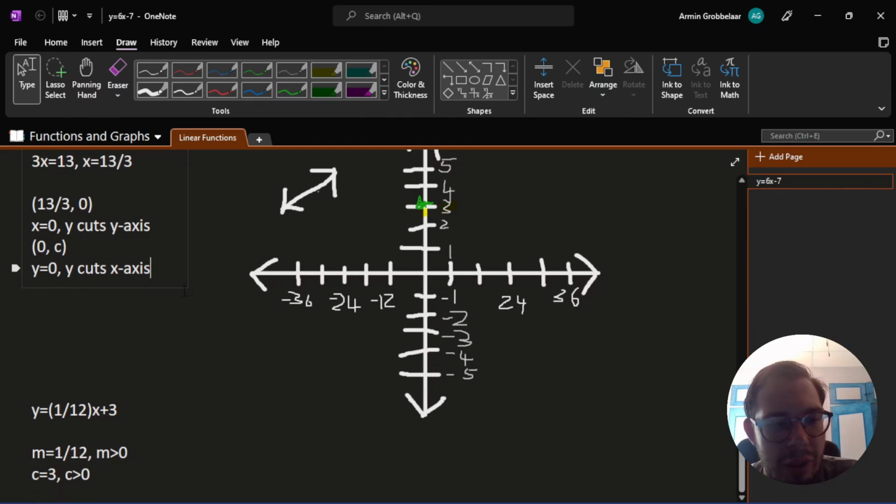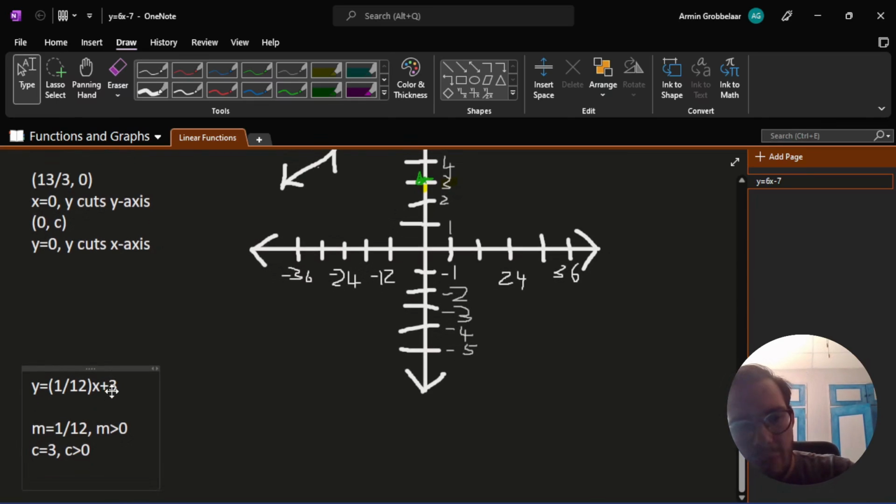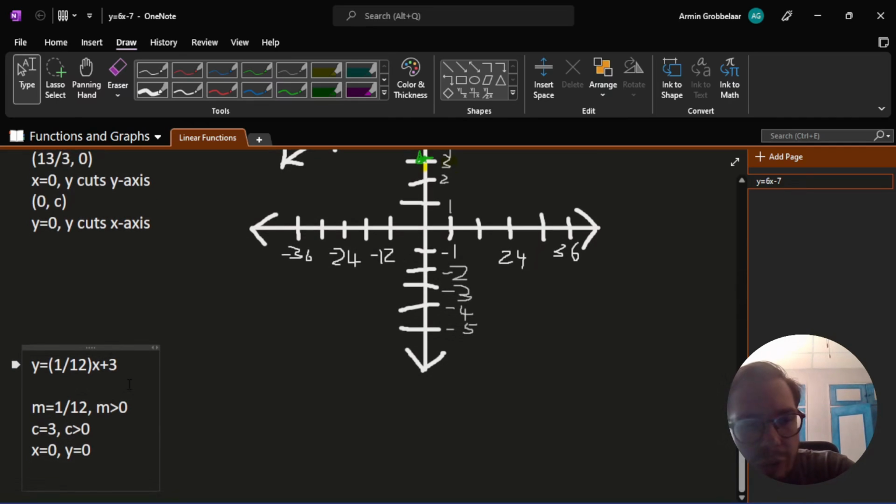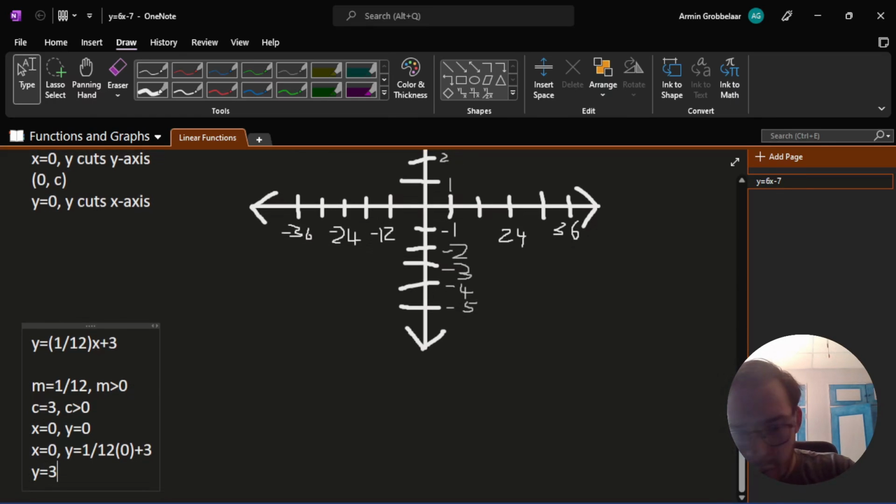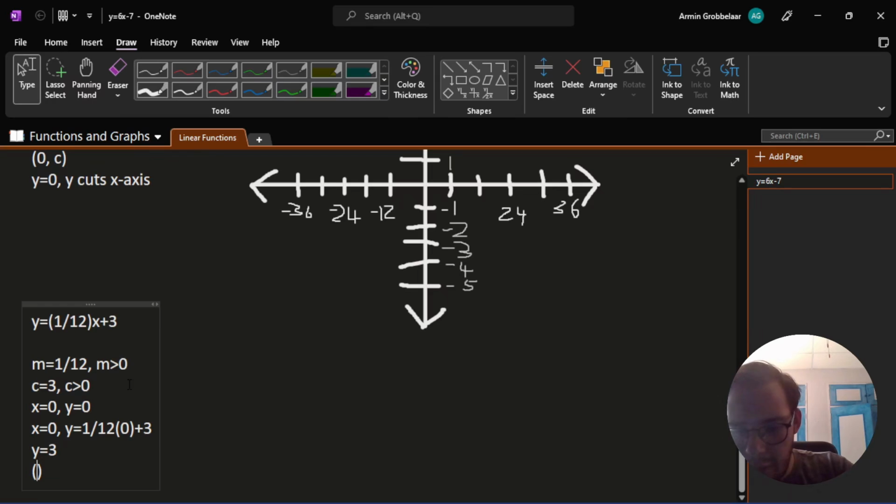So let's draw the third function. We need a point where x is equal to 0, and then a point where y is equal to 0. The first one is quite easy, x equal to 0, so y is equal to 1 divided by 12 times 0 plus 3. So y is equal to 3, so the point is (0, 3).